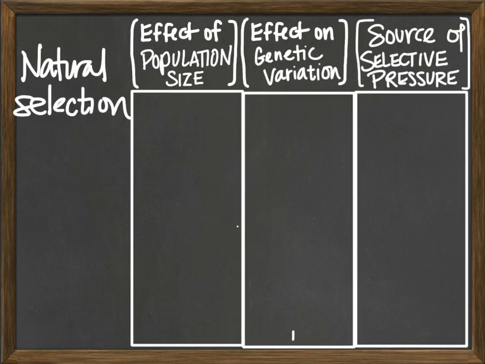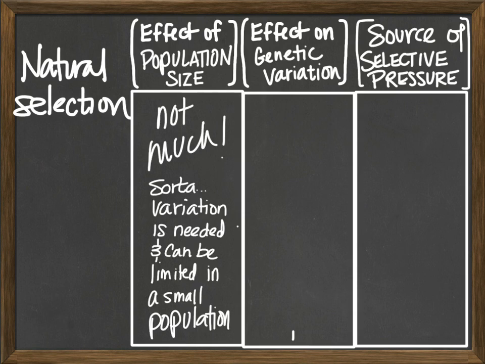So first we'll look at natural selection, and in terms of the effect of population size on natural selection, it's not much. I mean, sort of. You have to have some amount of variation to have natural selection happen, and variation can be limited in very, very small populations.